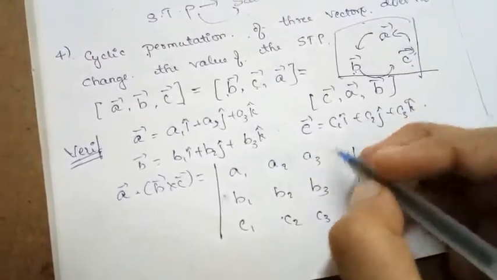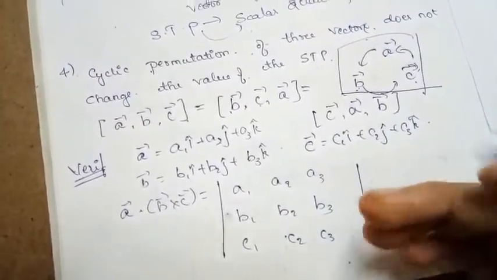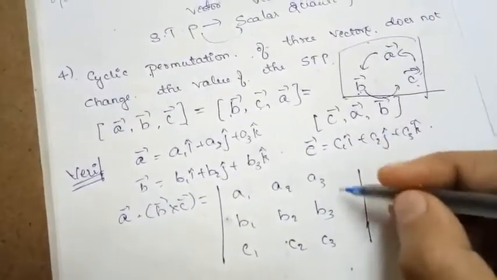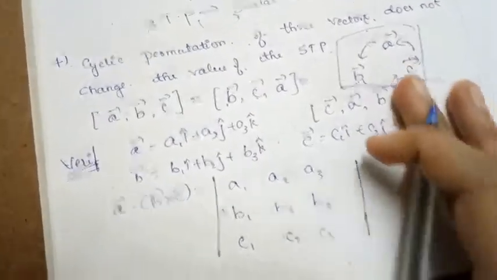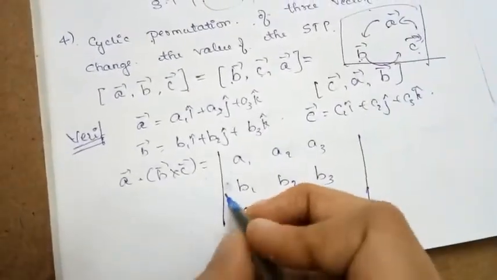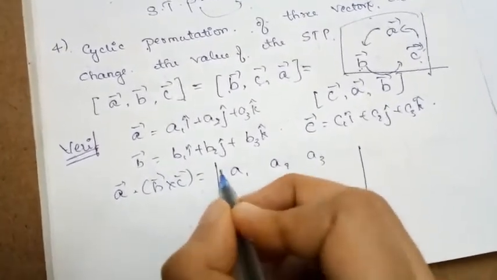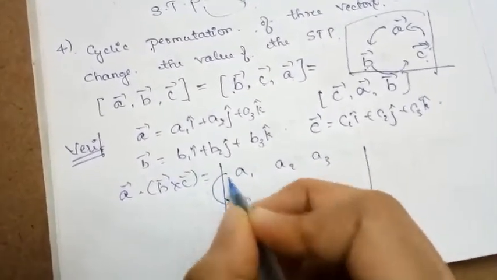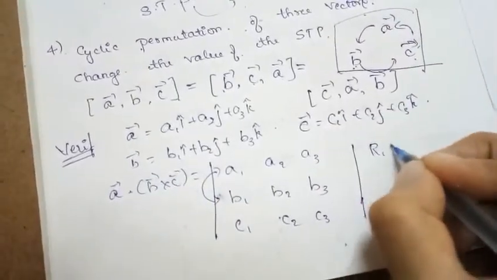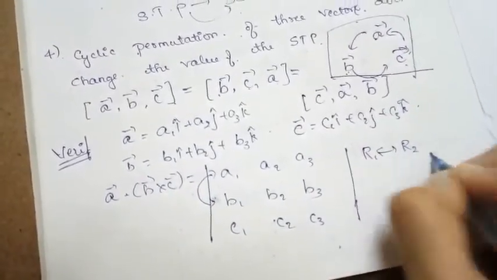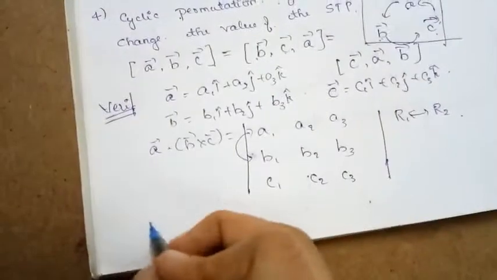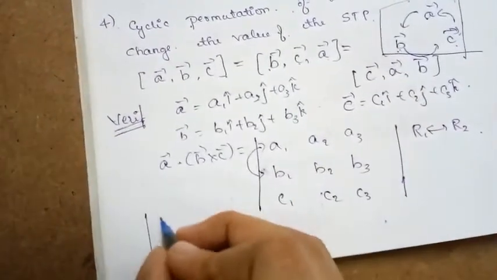Now suppose I interchange any two rows or any two columns, the sign is going to be changed. So first, I am going to interchange R1 with R2. Upon changing R1 with R2, what are we going to get?